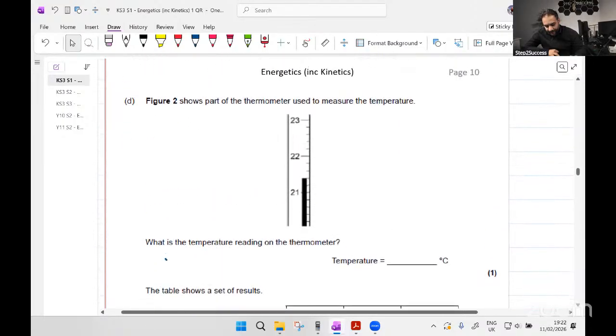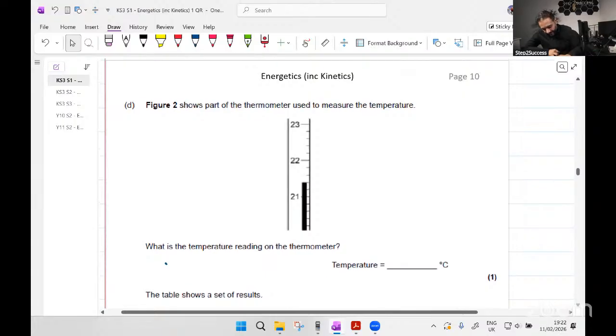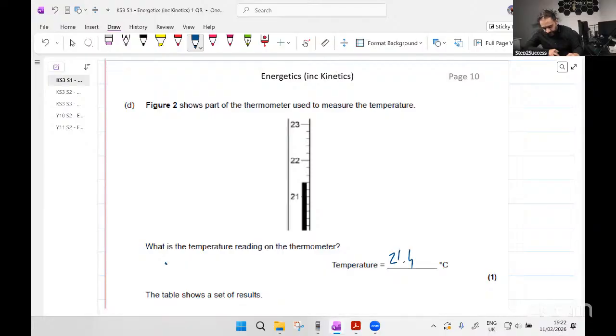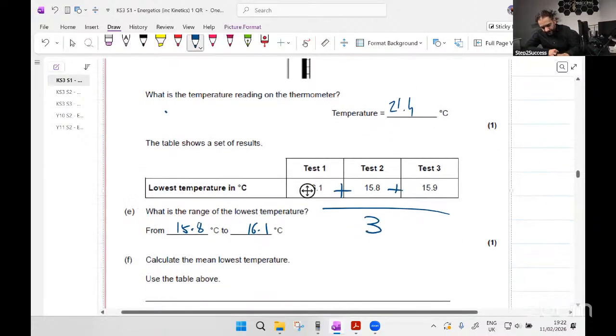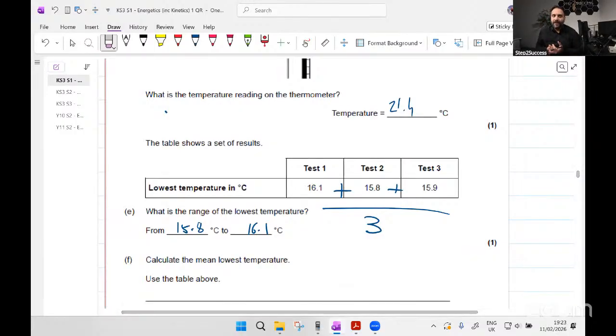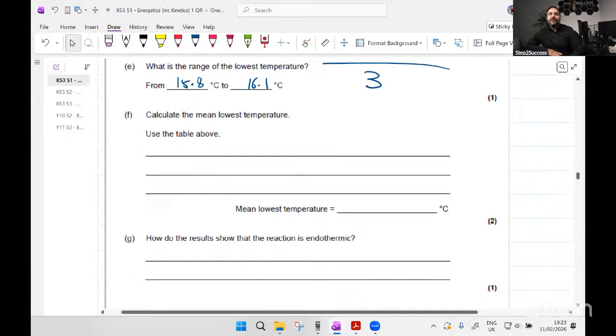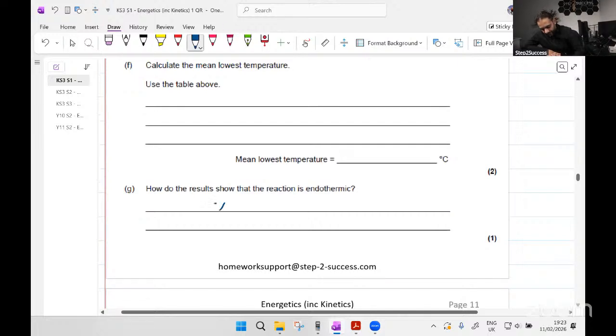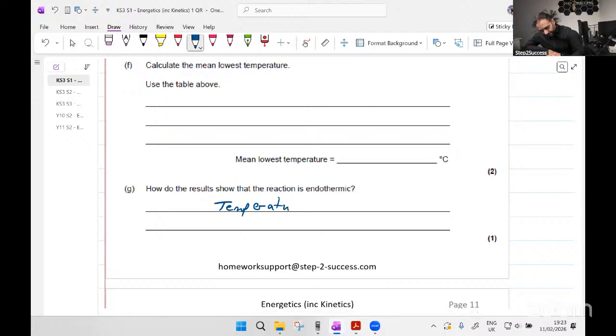Oh, I see. So at the beginning, it was this number here, 21 point something, whatever that is. I don't know if that's the answer. But what's happened here is that over time, the temperature has decreased. So an exothermic reaction is when we give out heat, so things get hotter. If things get colder, look at the temperature, it's gone down, the number, then it's an endothermic reaction. So the results show that the temperature has decreased.